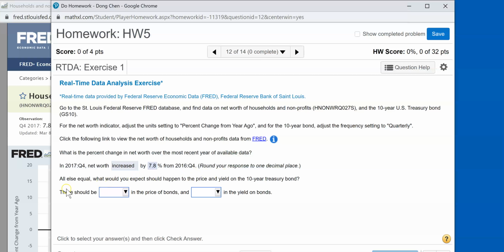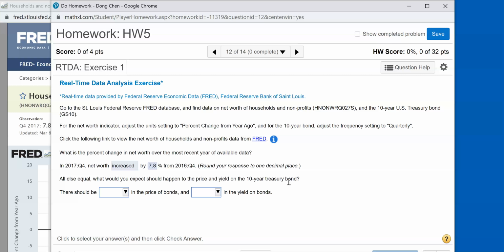Let's continue. All else equal, what would you expect should happen to the price and yield on the 10-year Treasury bond? So this basically examines our knowledge of the model that we learned in this chapter about the determinants of the price of bonds and hence the yield of bonds.